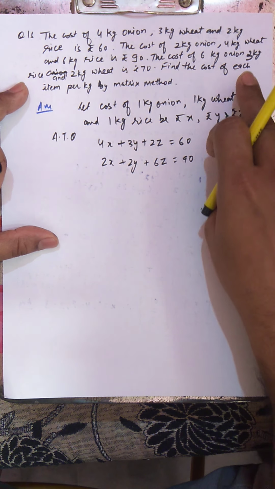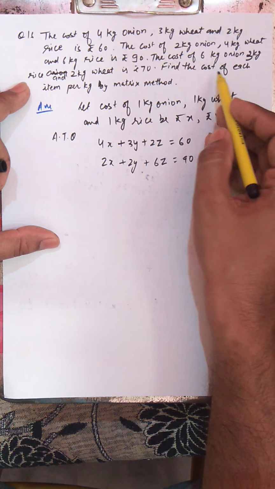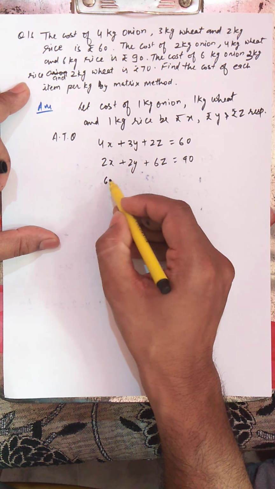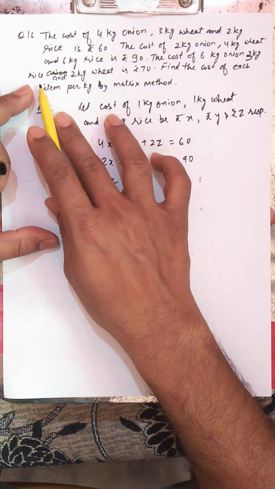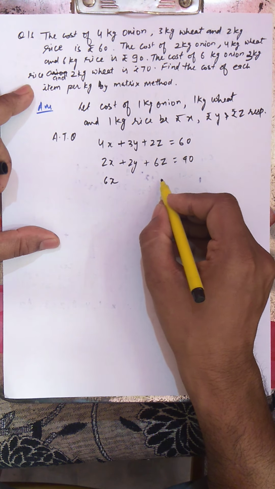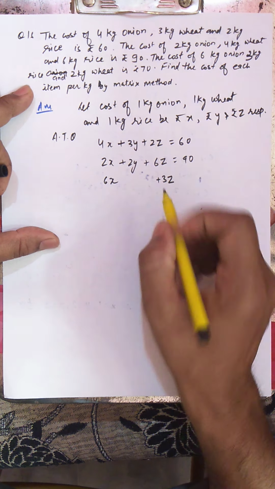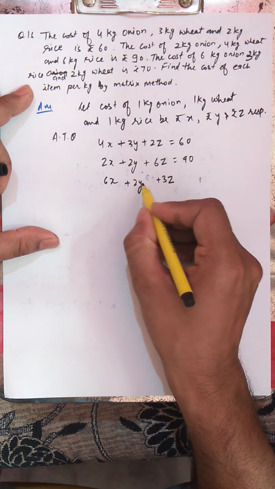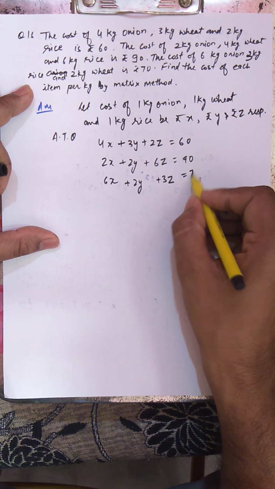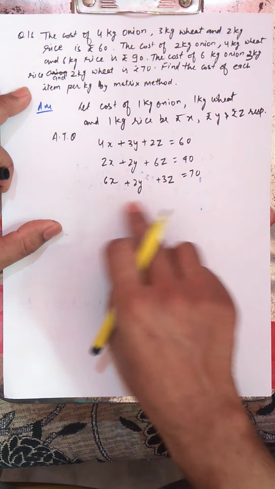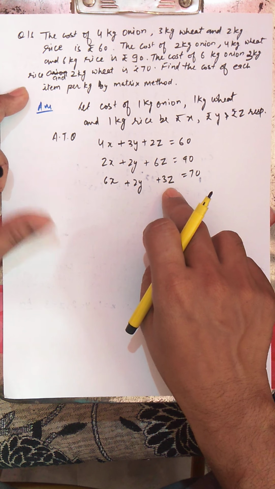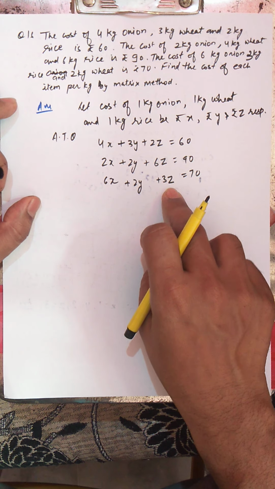Now when you write the third one, it is important to keep in mind that 6 kg onion means 6x. The second item is rice, the third variable, so 3 kg rice means 3z, and 2 kg wheat means 2y. This is equal to 70. That was to be taken care of very carefully. The rest you can follow as we have done in the last 2 questions.